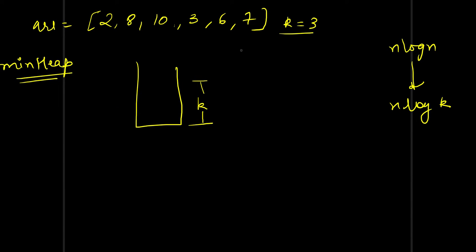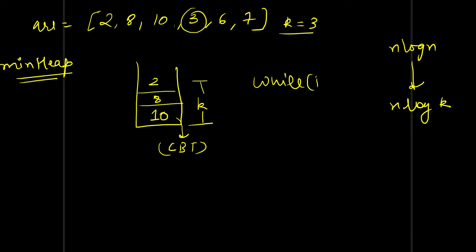Initially we have k equals 3, so I will simply insert 3 elements in this order. Don't consider it a normal container; inside it is a CBT, a complete binary tree. Okay, so 3 elements are inserted. After that I'll start iterating a while loop with i less than n, and now i has reached the third index, like 0, 1, 2, 3, and we have an incrementing factor there.